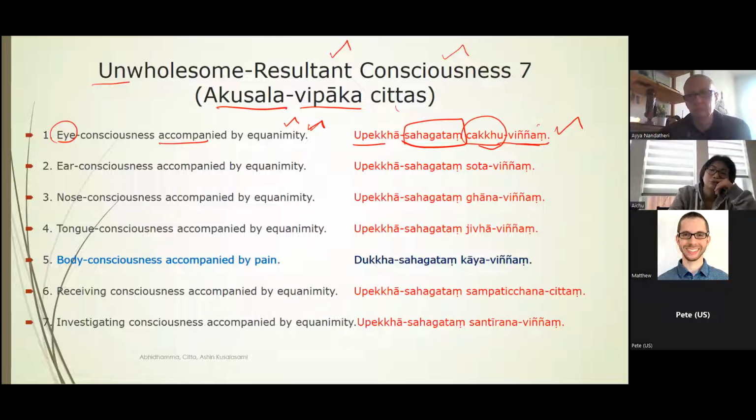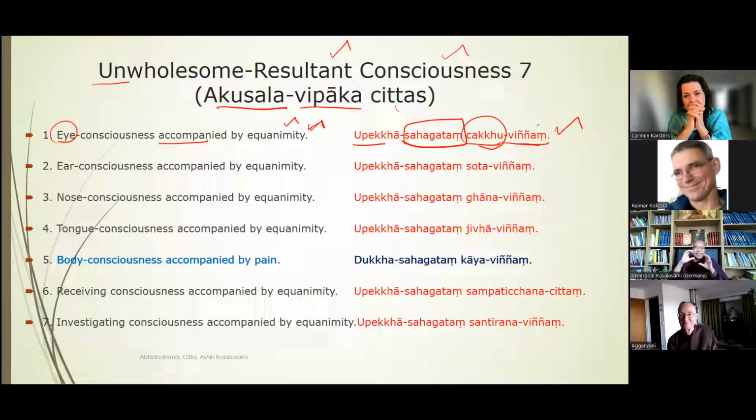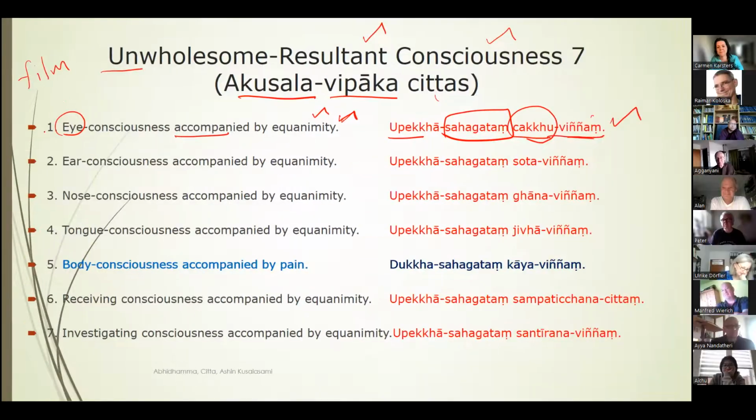The duty of the camera is only to take the picture; you have to go to a photo shop to have the photos developed. Eye consciousness is also like that.